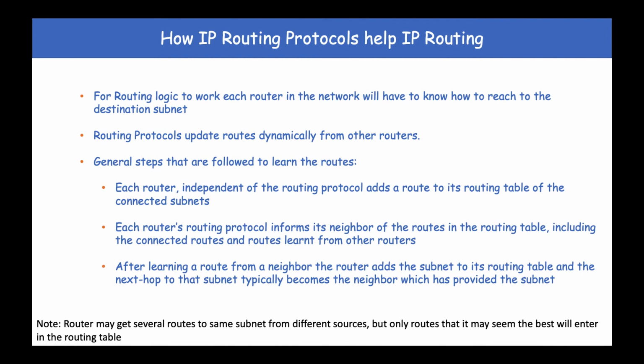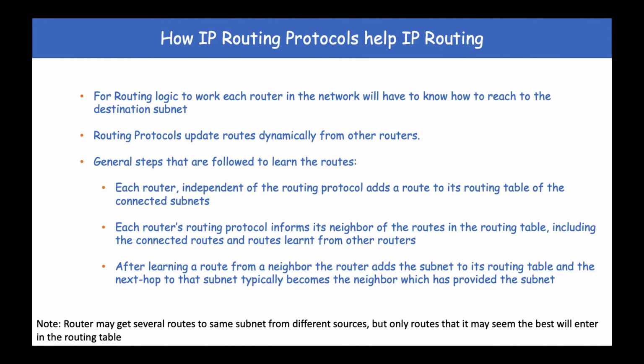There are some rules that are followed by the router while adding those routes. The first rule is that, immaterial of what routing protocol is running, the router will always update the connected route automatically and it will be the most preferred route. The second rule is that the routing protocol informs its neighbors of the routes that are in its own routing table, including the connected routes and routes that are learned from other neighbors also.